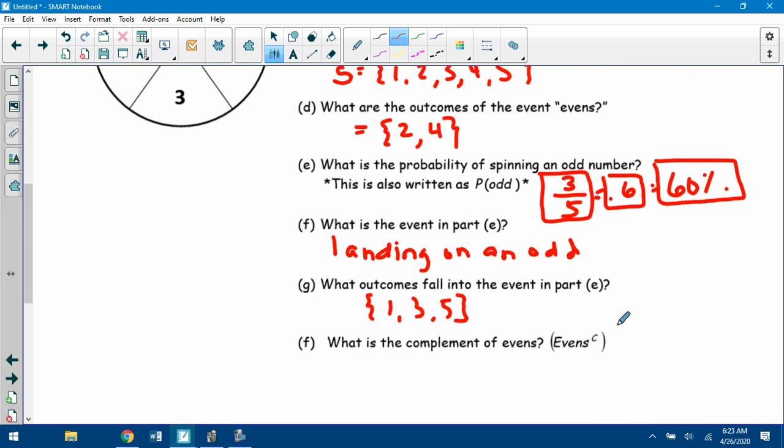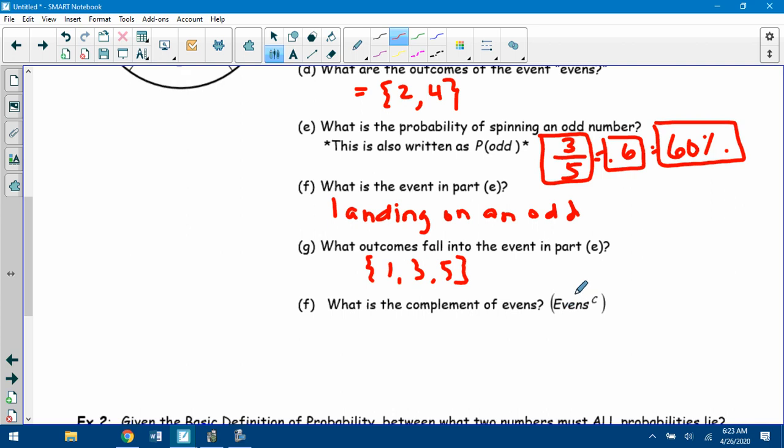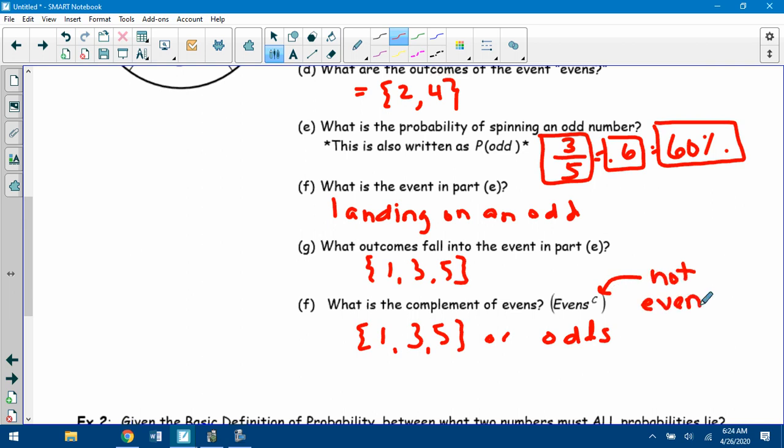What is the complement of evens, or if I said evens with a C? So not evens would be 1, 3, or 5, or odds. So remember, when you see that C, that means not, so not evens. Okay, I think you get that.